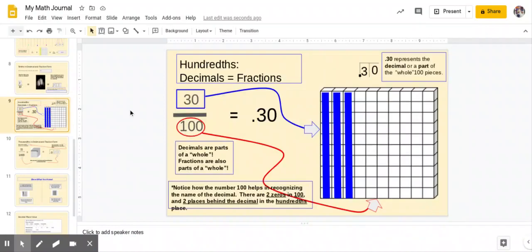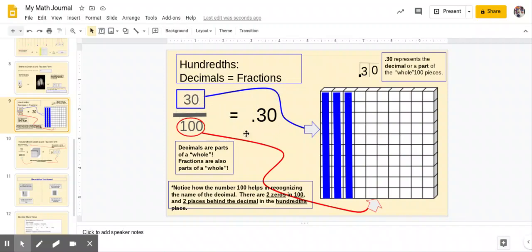So slide number 9 just has a graphic representation to kind of show you how decimals and fractions are the same. So if you look, again, we have 100. That is our whole. And we have 30 of them filled in. So that is our fractional part.